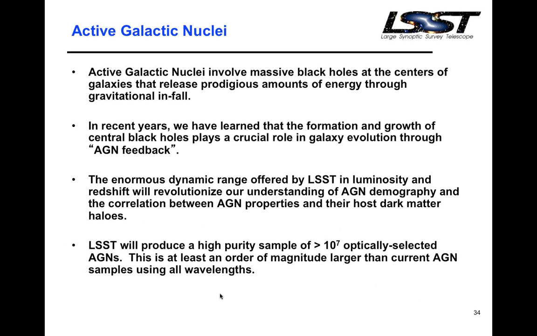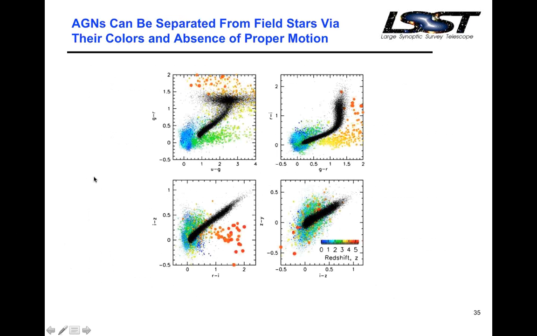So you might ask, for faint AGNs where you don't see the host galaxy, how can you tell that it's an active galaxy as opposed to a field star? And you can do that on the basis of the colors, but also the absence of proper motion. So these are color diagrams for the various different color combinations we can construct.